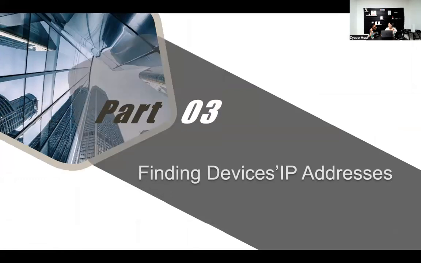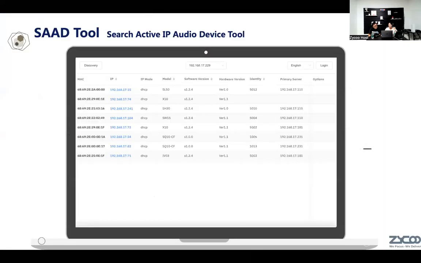Okay, the next part would be finding the device IP address. The first recommendation for finding the device IP address would be using our ZCAE tool. Our ZCAE tool was recently released, and it is very convenient to use.